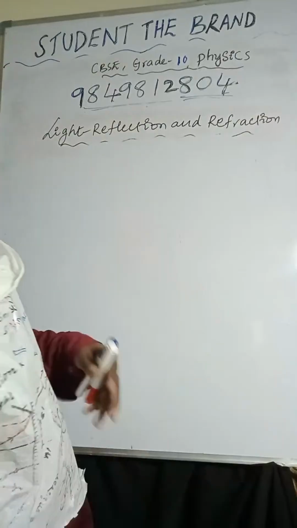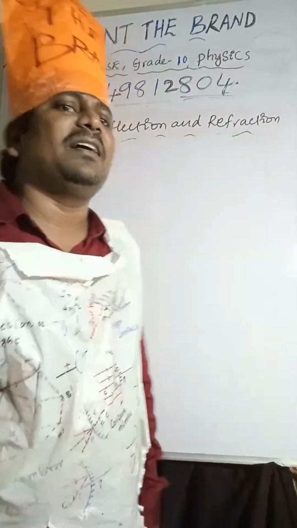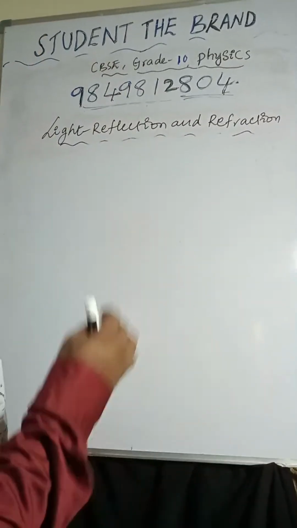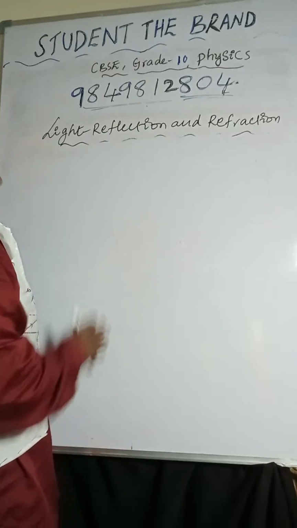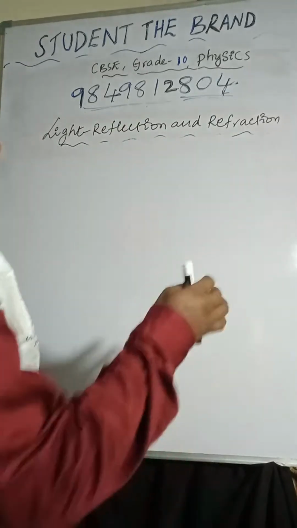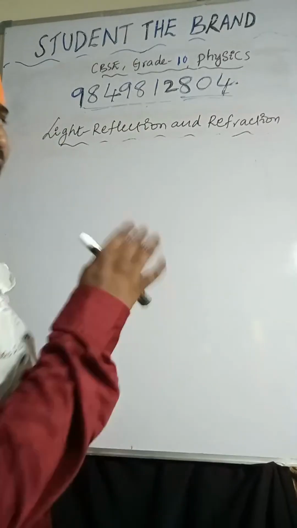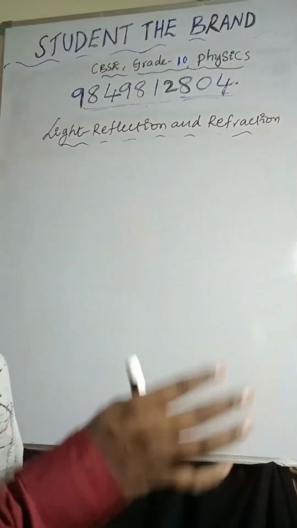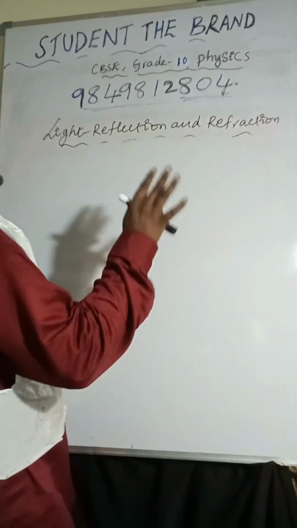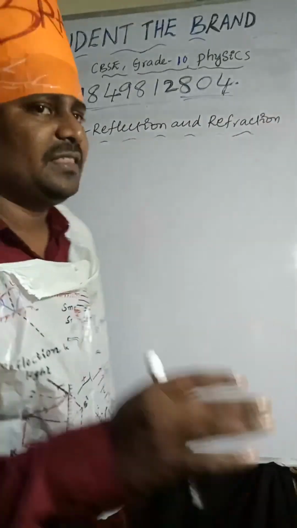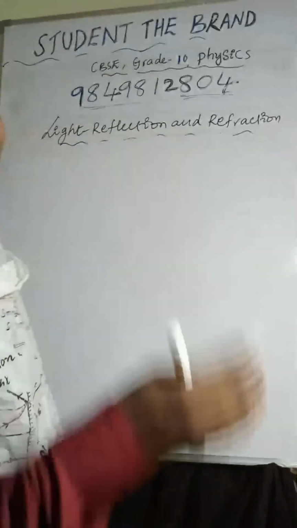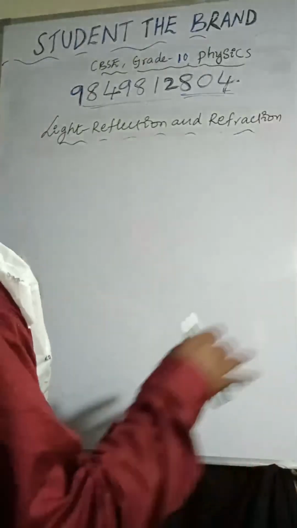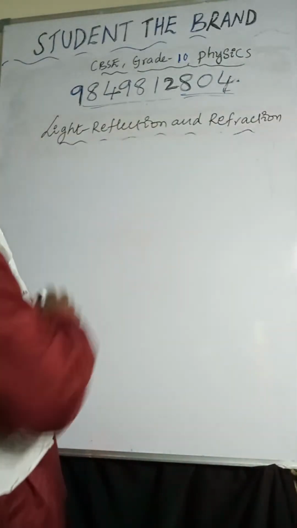The band of colors is known as spectrum. What is the phenomena involved in the formation of rainbow? Refraction, dispersion, internal reflection. Say with me, learn with me, sing with me, dispersion.